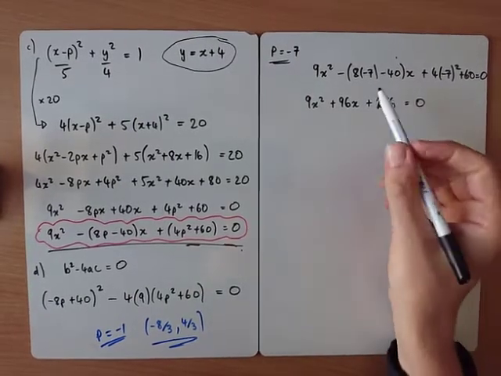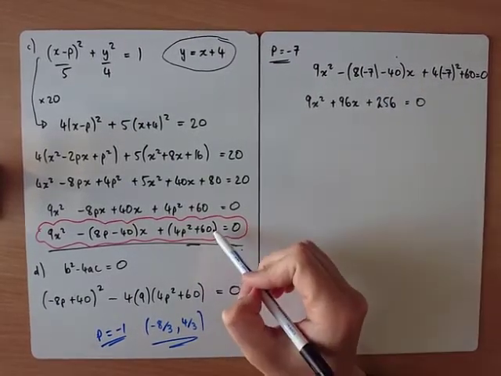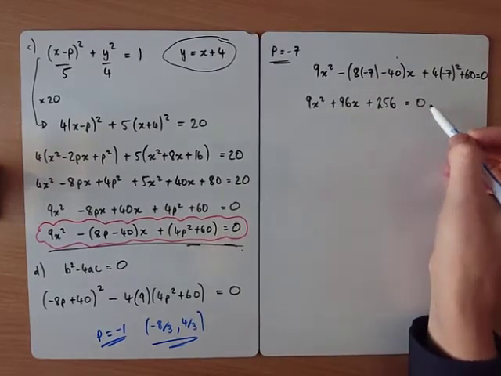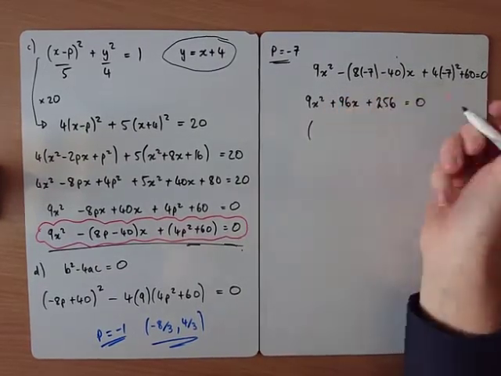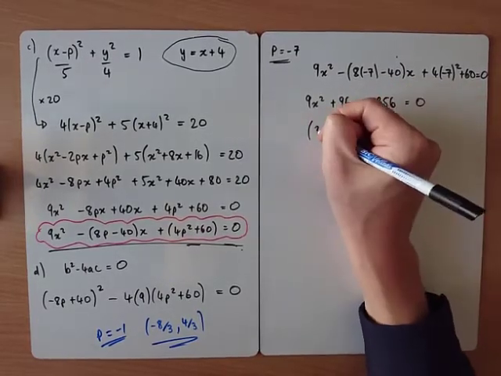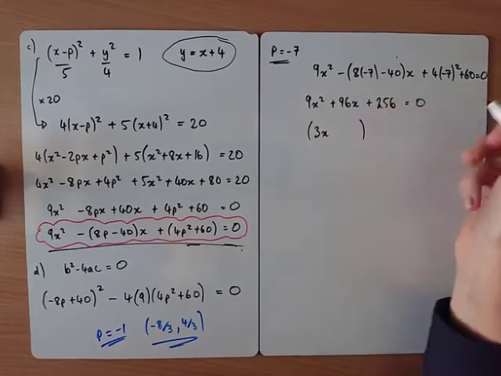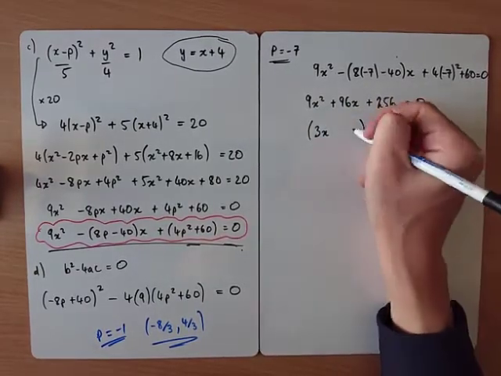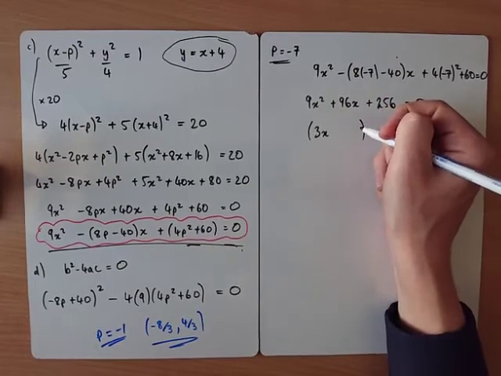Okay, nearly there. So if we sub in minus 7 into the same equation, we get 9x squared plus 96x plus 256, which looks like it's a bit of an awkward quadratic, but just check, we only want one solution. And both of these are square numbers, aren't they? That's 3 squared, 256 is 16 squared? Yeah, 16 squared.